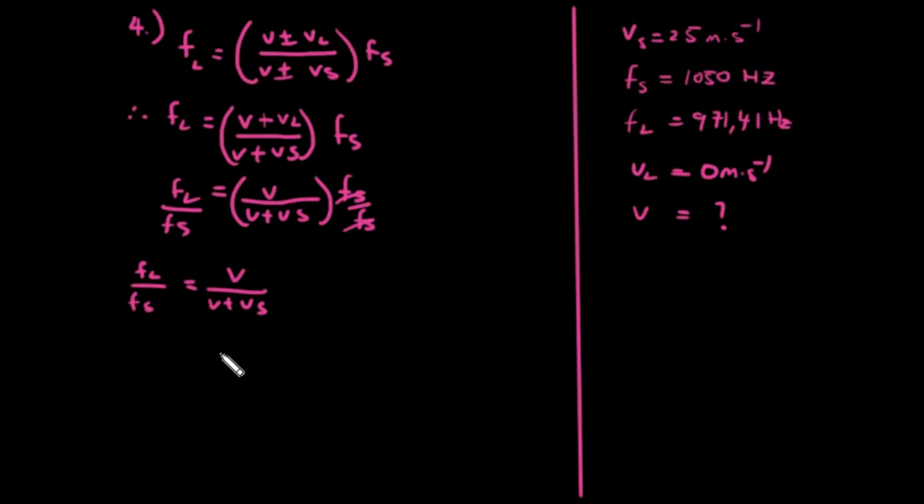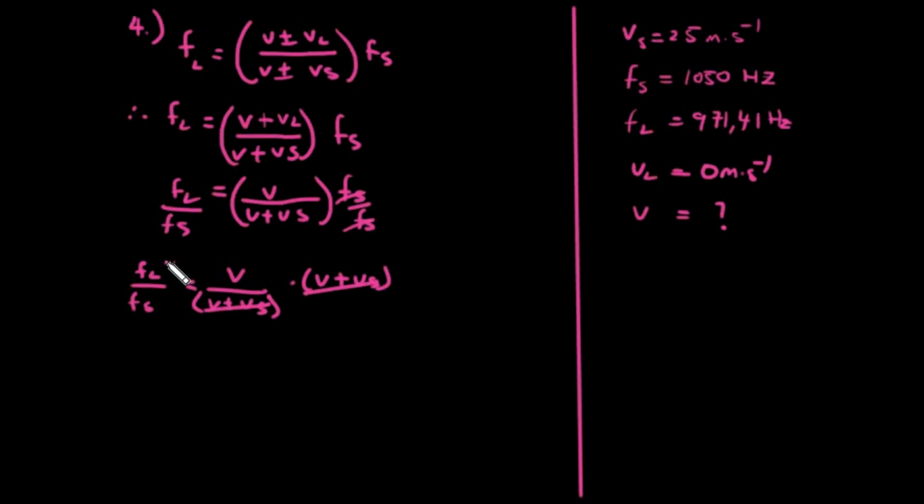Right, so what I'm going to do here is group this and multiply it by itself so I can get rid of this fraction, and then do the same to this side as well.